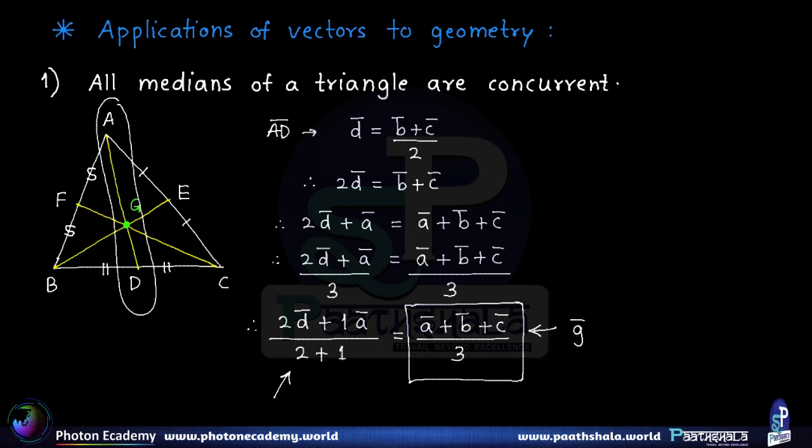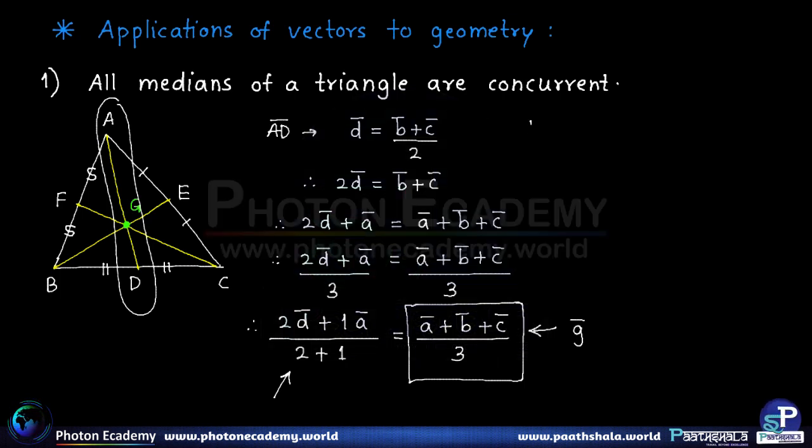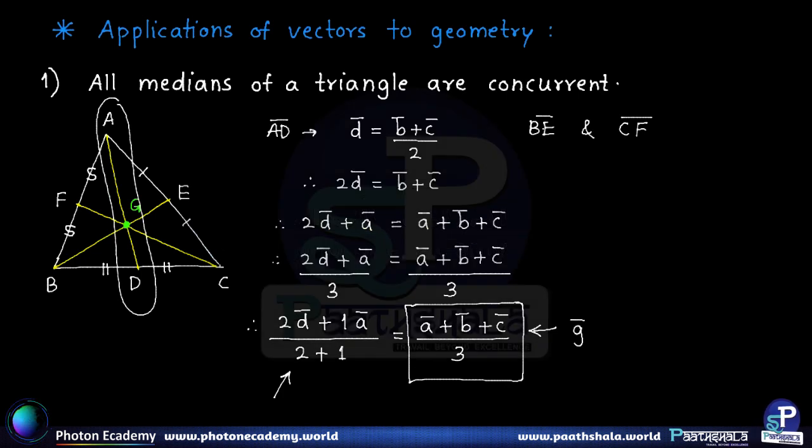Now what we did for median AD, the same we can do for the remaining two medians also, that is BE and CF. Because of the cyclic symmetry, we will obtain exactly similar patterns in those medians also.